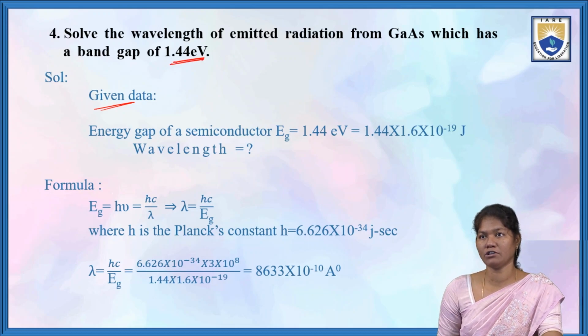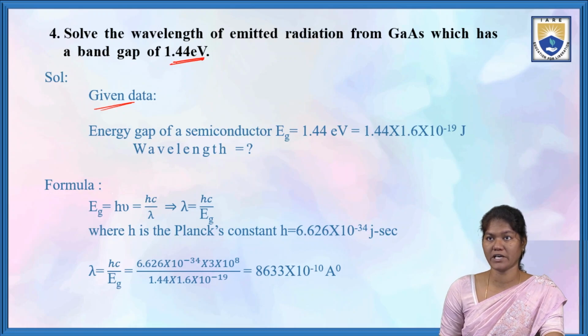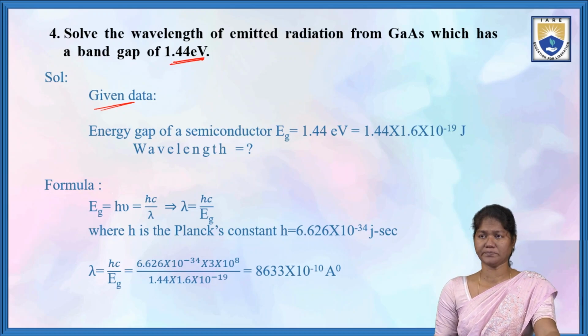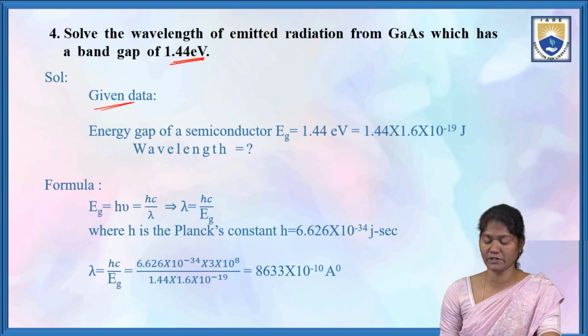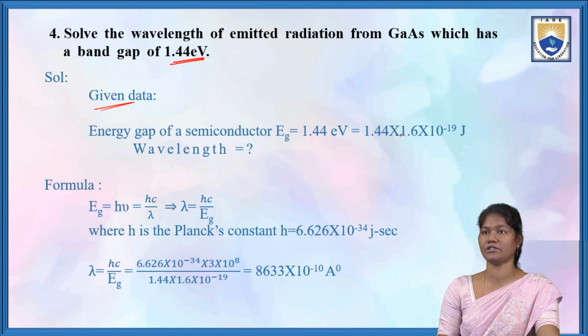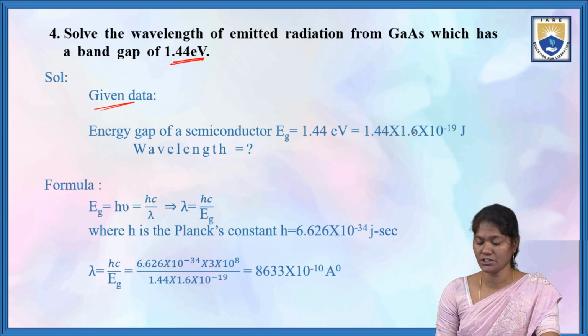When converting into joules, as we are using the formula Eg equal to h nu, with Planck's constant in joules, we have to convert. 1 electron volt is equal to 1.6 into 10 power minus 19 joules.